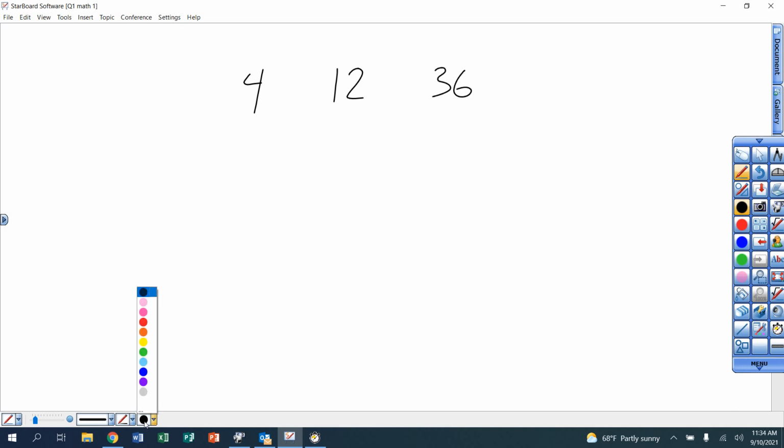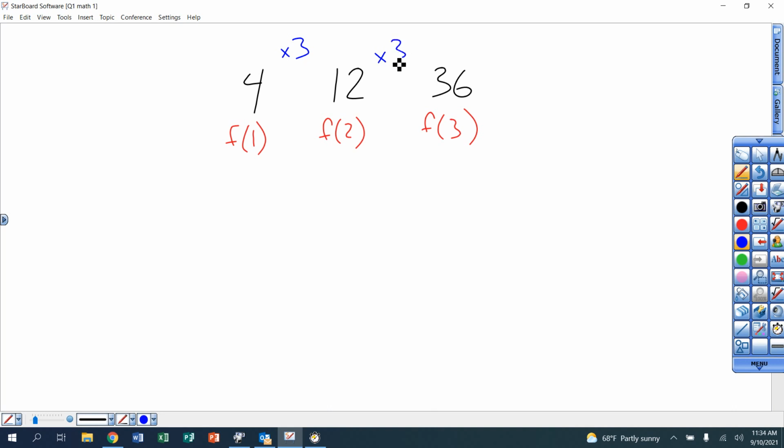All right, again, this is the first term. This is the second term. This is the third term. I am timesing by 3. That is my common ratio R. I could take that 3 to continue this pattern. Just take that 36 times 3. That will give me the next term in this sequence, which is 108.